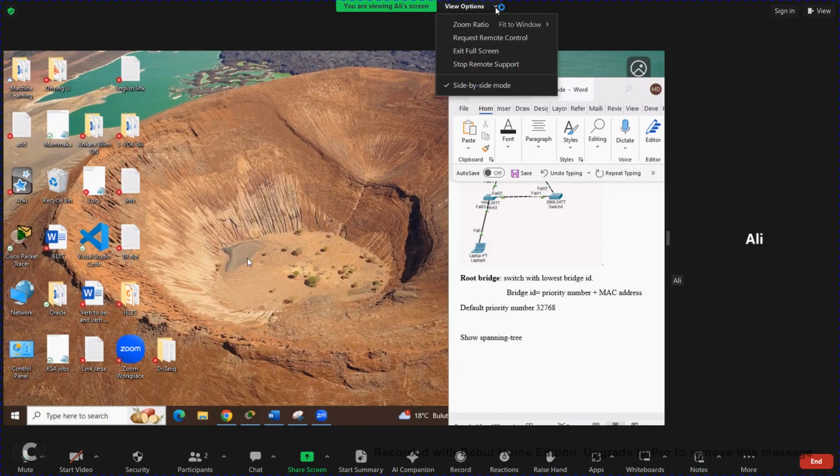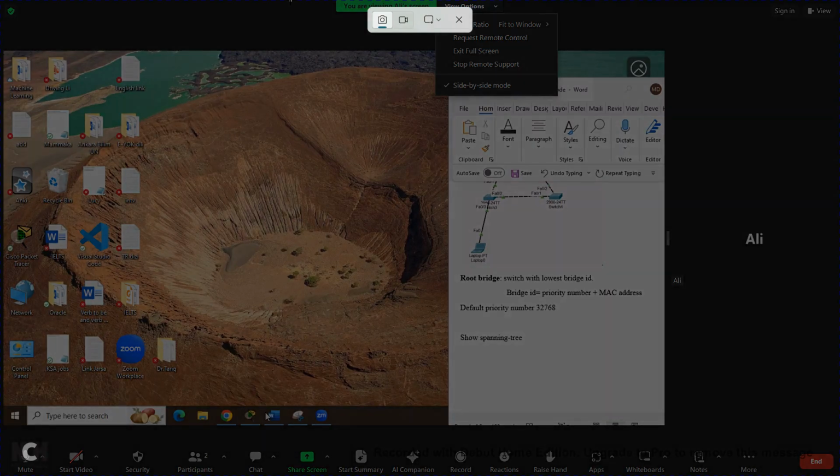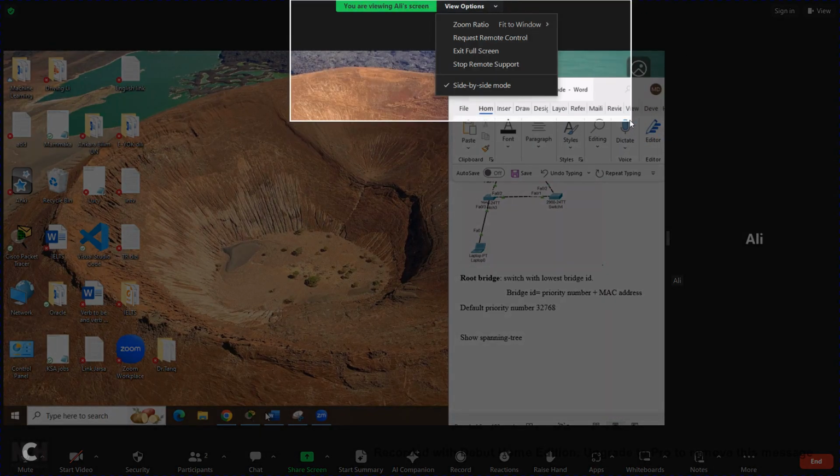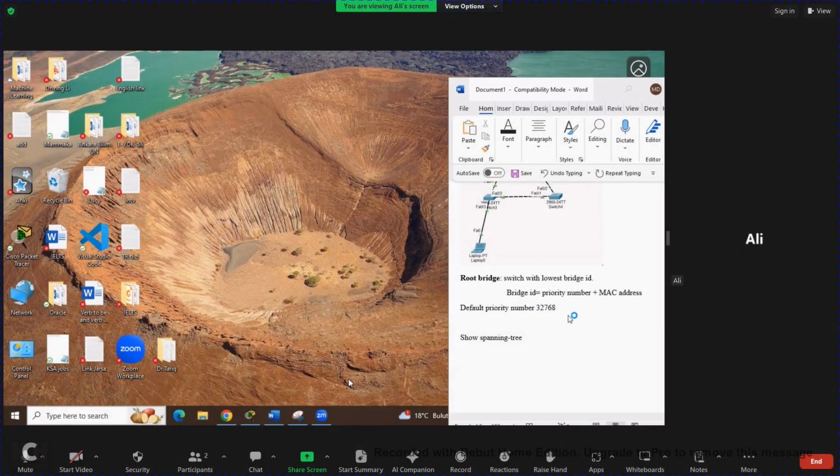From the view option you can request remote control. I am giving a print screen also for your better understanding. Now you can stop your screen share.